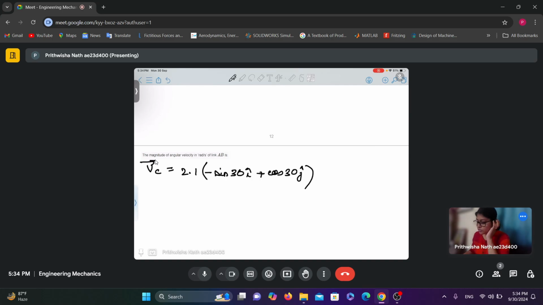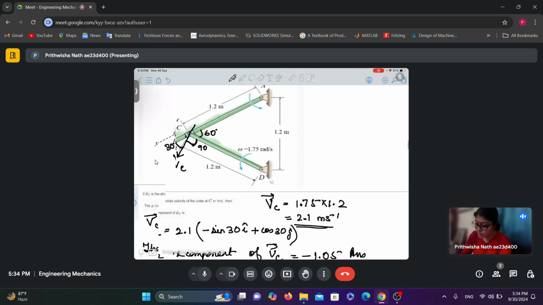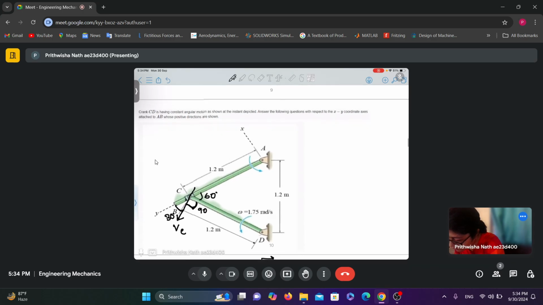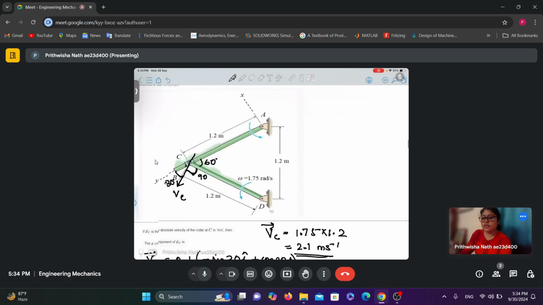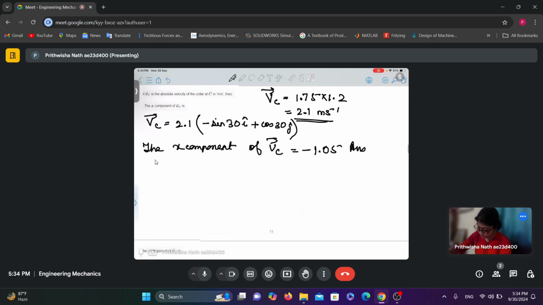Now we can easily say that the relative motion V relative will only be in the y direction. This we know.